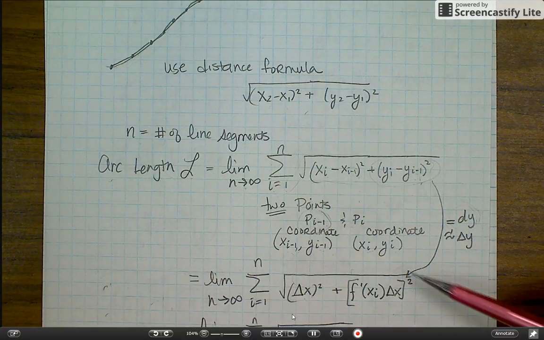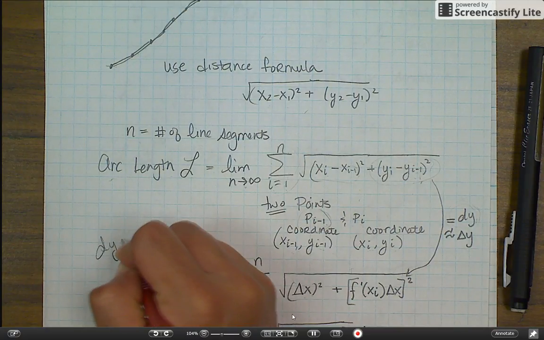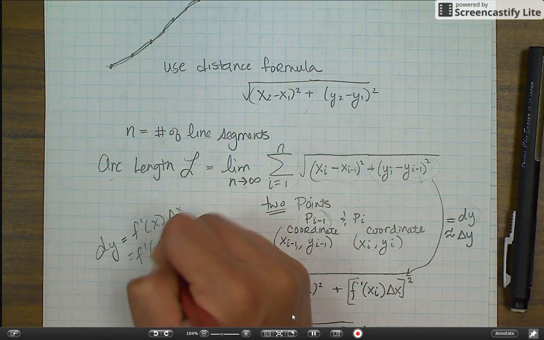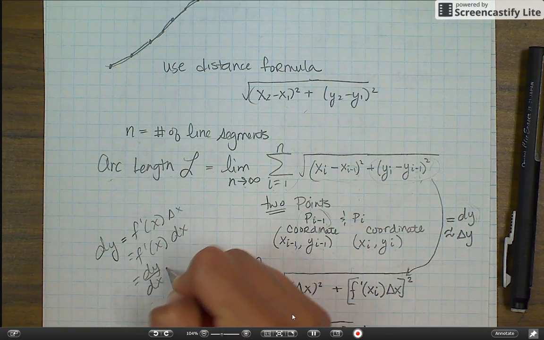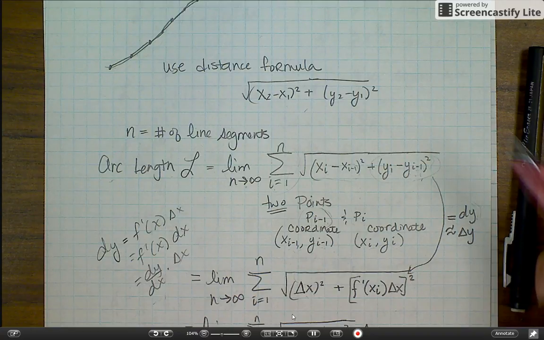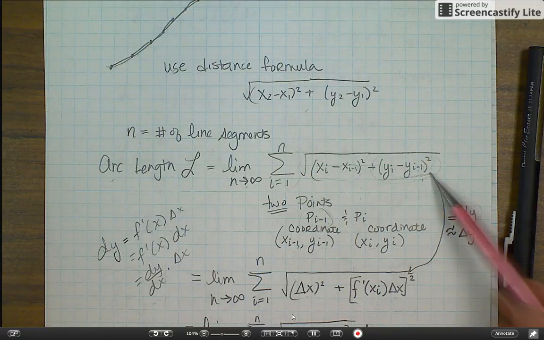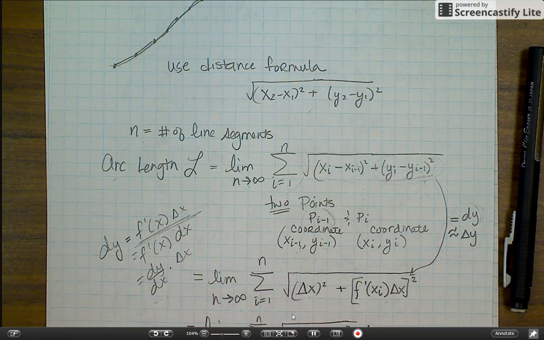We learned back when we were doing differentials that dy is equivalent to f prime of x times delta x, or f prime of x times dx, or dy/dx times delta x, and so on and so forth. To keep the terms the same, I just replace this expression with this one, because I want to have my 2 delta x's.